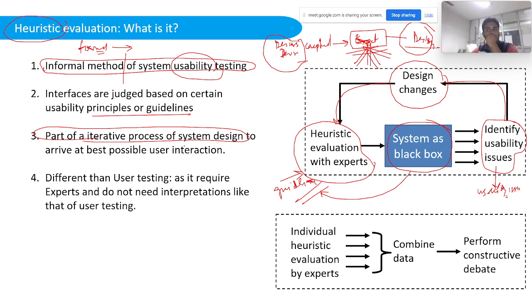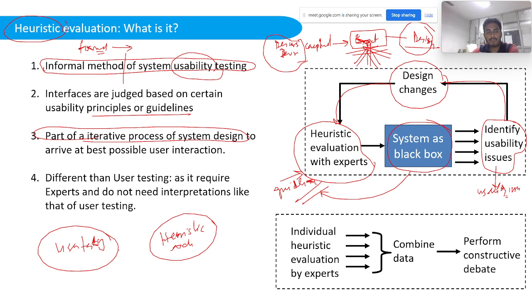Now, the heuristic evaluation process is different. See, you have user testing and you have heuristic evaluation. When you perform user testing, you ask the user to perform certain tasks, and the user may find difficulty in doing certain tasks.